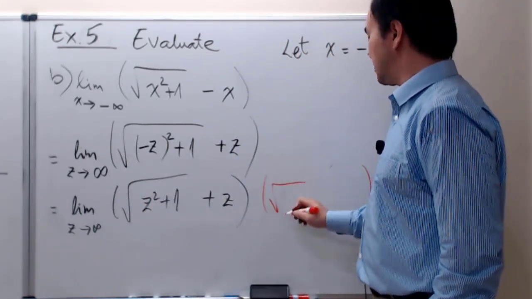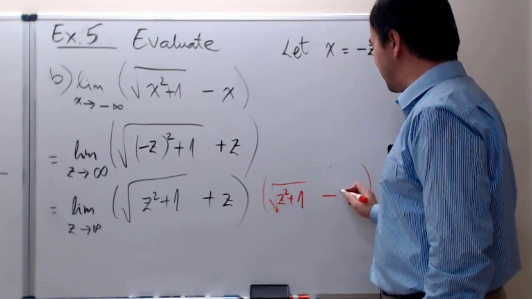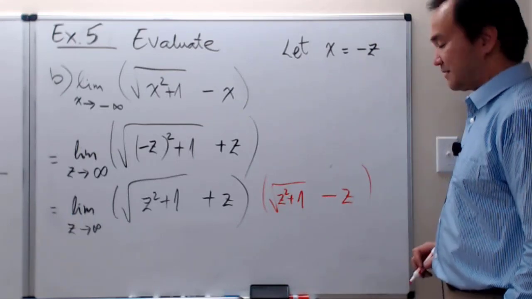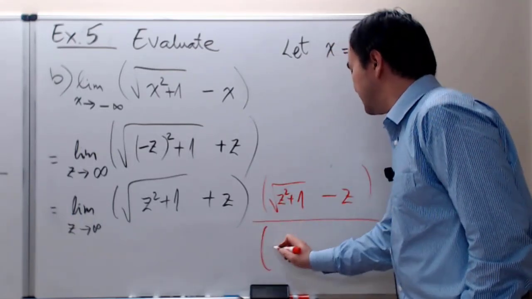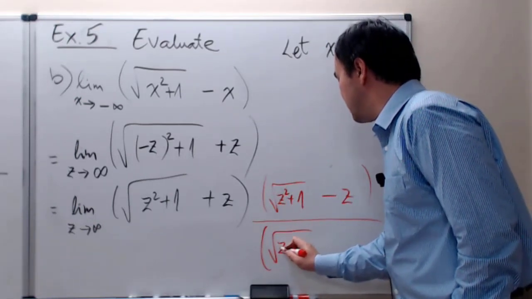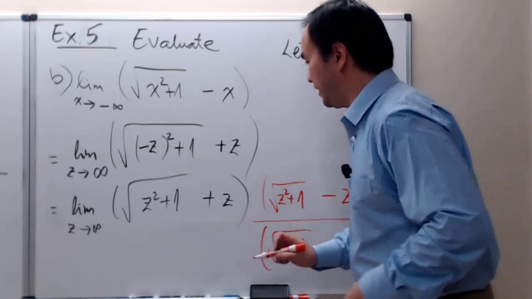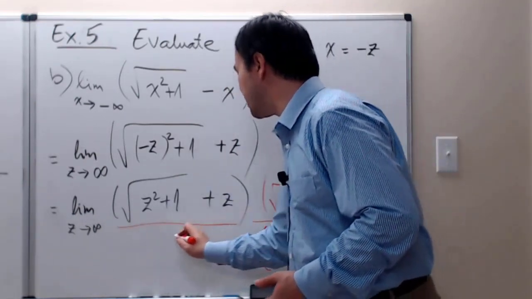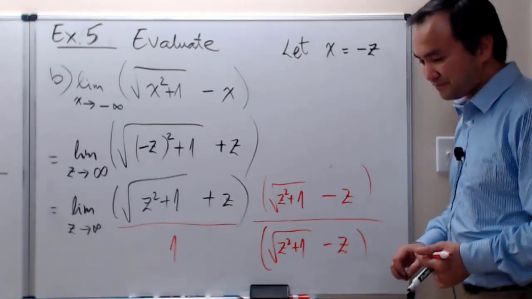So multiply by the square root of z squared plus 1, but minus z this time, and divide by the square root of z squared plus 1 minus z. Let's pretend that our beginning expression had a 1 in the denominator.